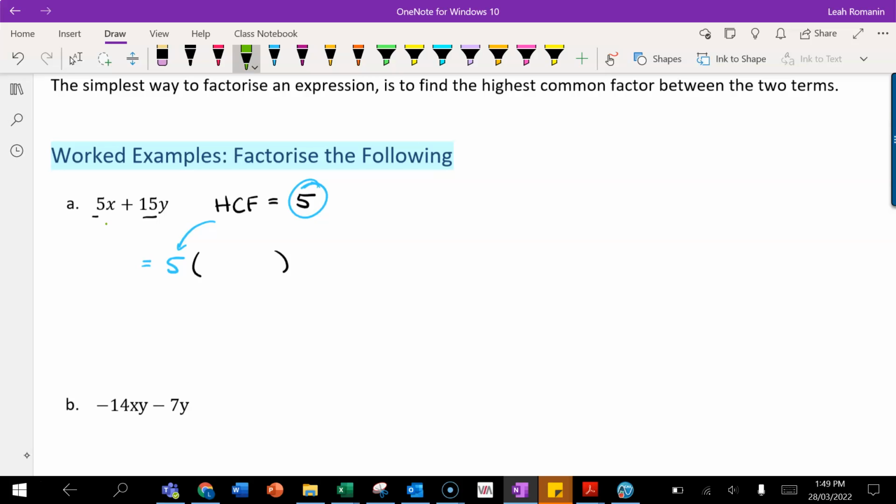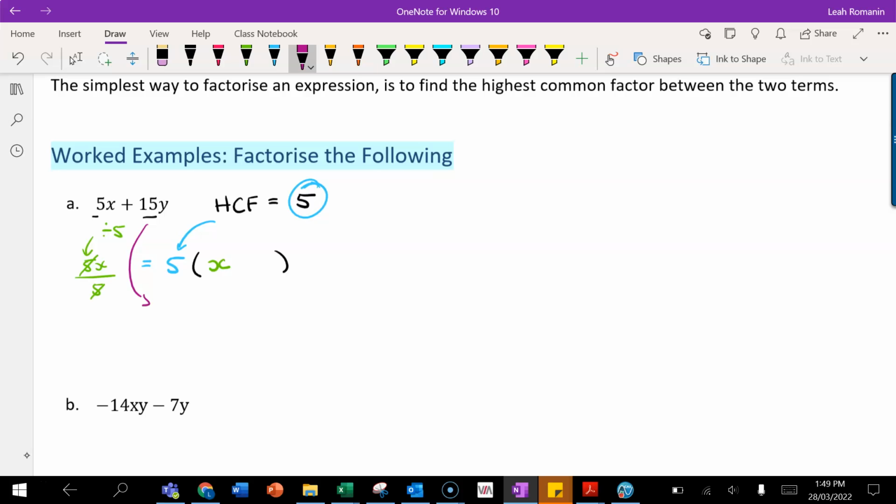So you're going to have 5x divided by 5. Remember, this fraction line just means divided by 5. These 5s are going to cancel out, and we're just going to have x left over. So I'm going to put x in my bracket.